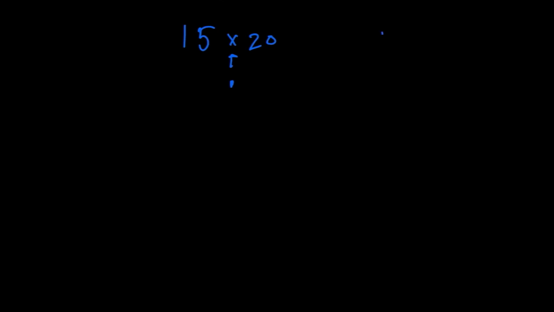And what I'm going to do is write 15 times 20 like this, and then I'm going to solve it. So the way you do this is you're going to look at the bottom row, and then you're going to go number by number. So you're going to look at the 0 first, and then multiply the 0 by 5, and then the 0 by 1.